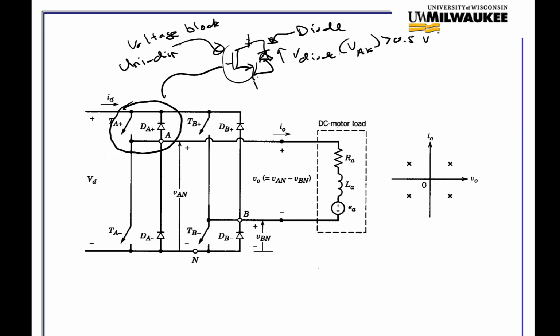If it was a thyristor, you could hold off conduction until you turn on your gate. But this is not what we got. We've got this diode. But basically, the point is I've got this switch, which I can use, and I have that shorthand symbol for it. This could also be a MOSFET.